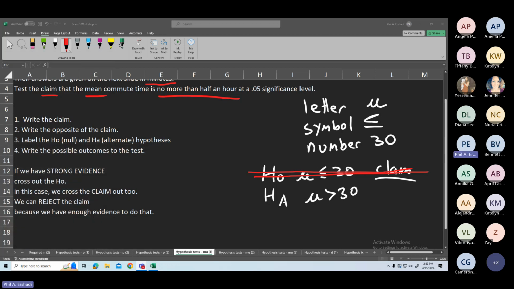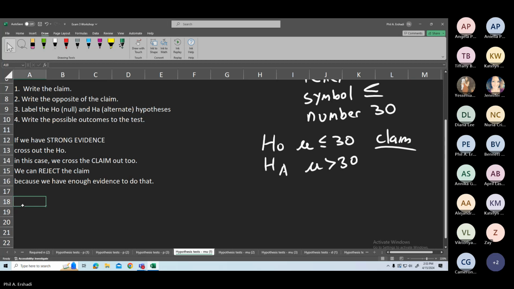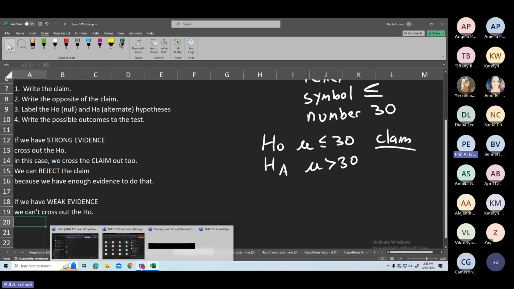Now, if we don't have the strong evidence, we got to keep the null in that case. I'll write this down. If we have weak evidence, we can't cross out the null. So what would that mean for the claim? What would we be doing? I'm going to copy the table over that we had last time, okay?